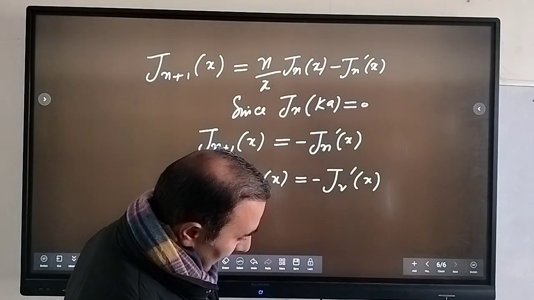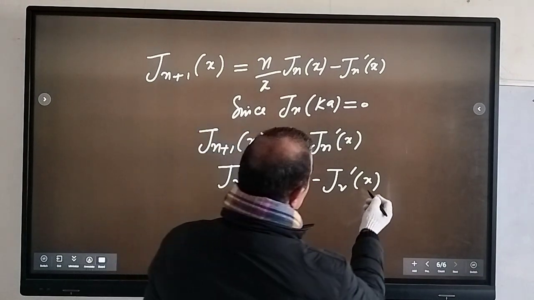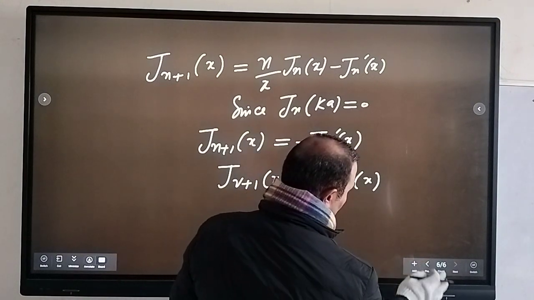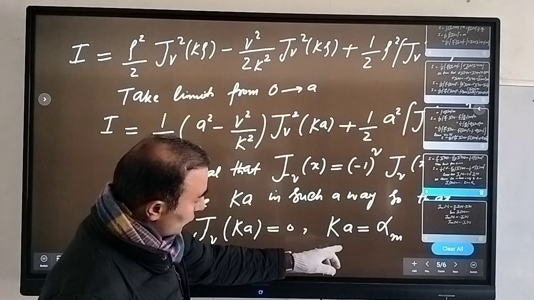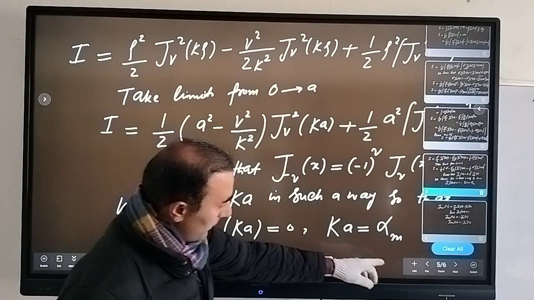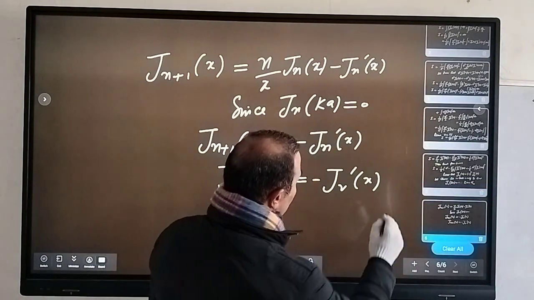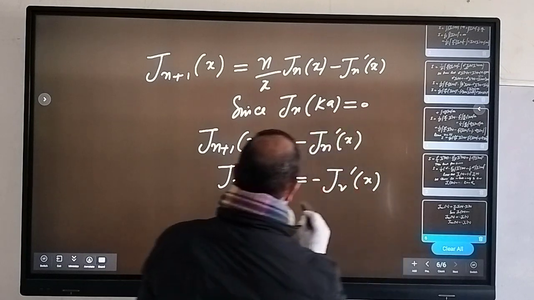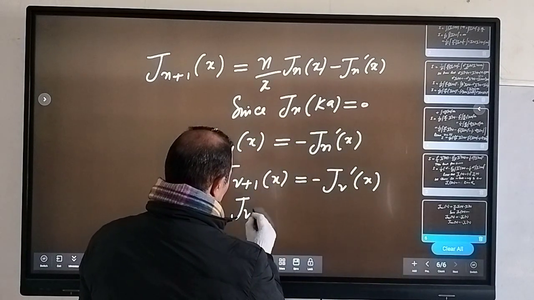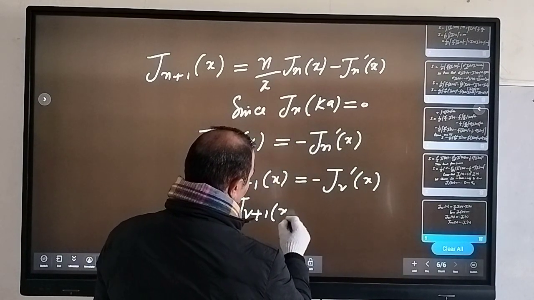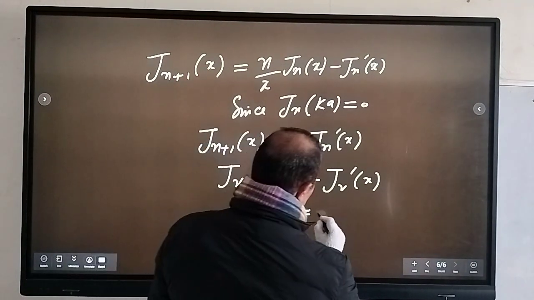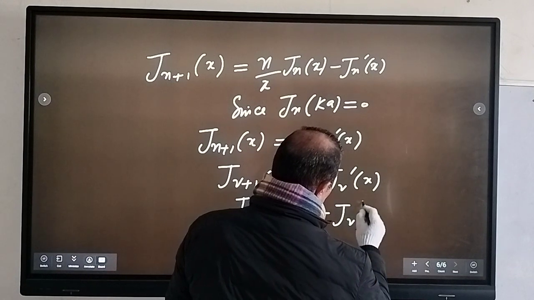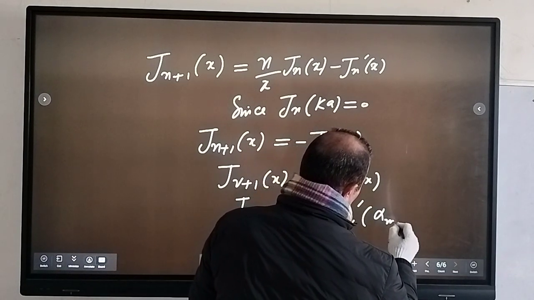So I can write here, because x is our, what is the maximum value of this, the nth root will be alpha n. So Jv plus 1 of x will be equal to minus Jv dash of alpha.